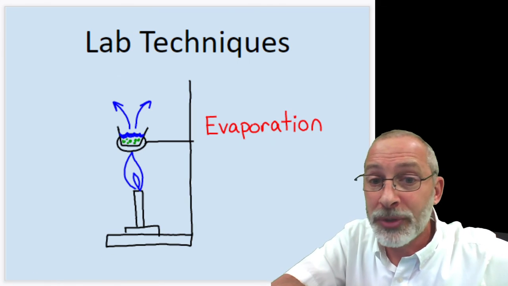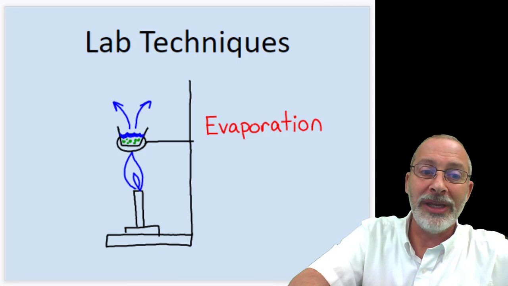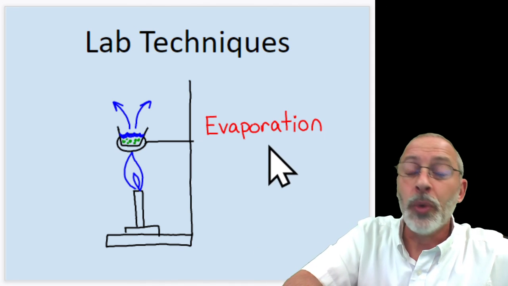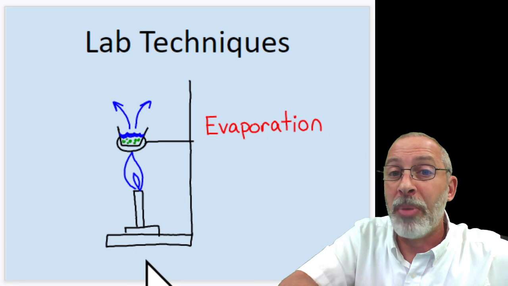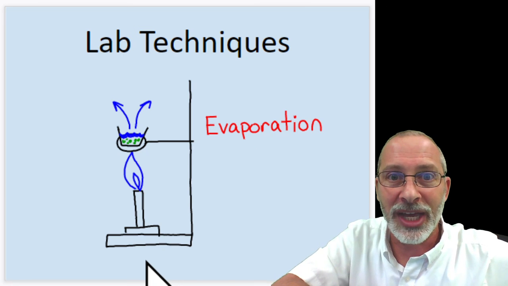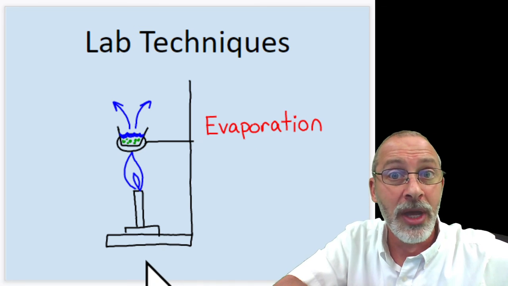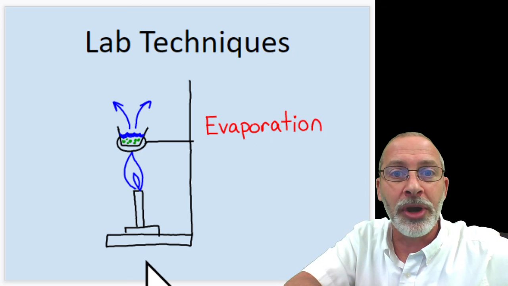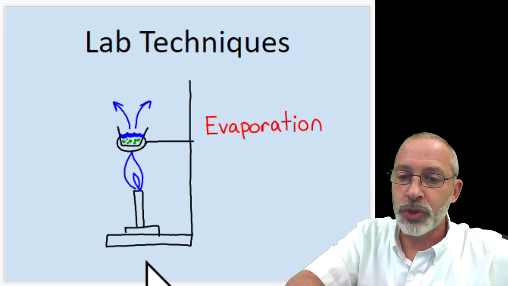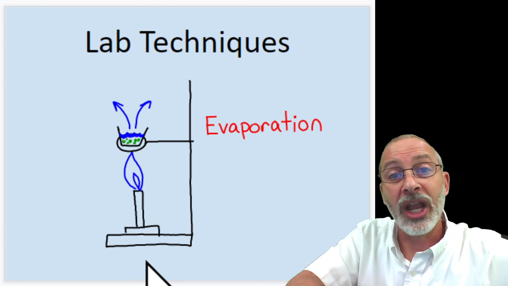So in the lab tomorrow, when we get to evaporation, we're going to be utilizing the Bunsen burners again. So review the steps on lighting a Bunsen burner to assist you with tomorrow's lab.